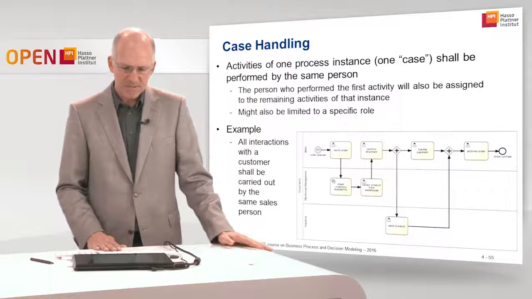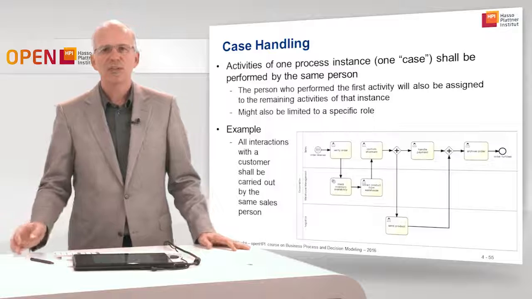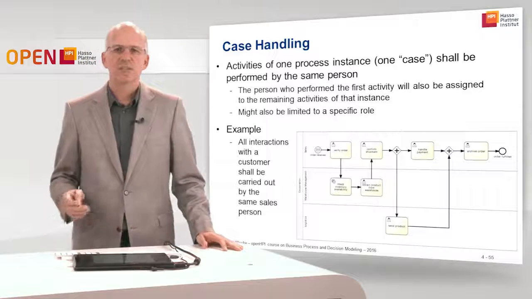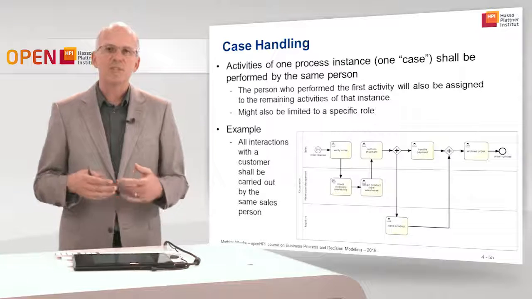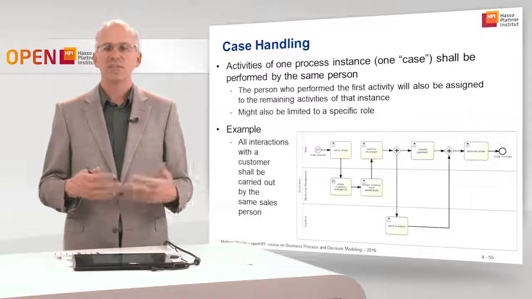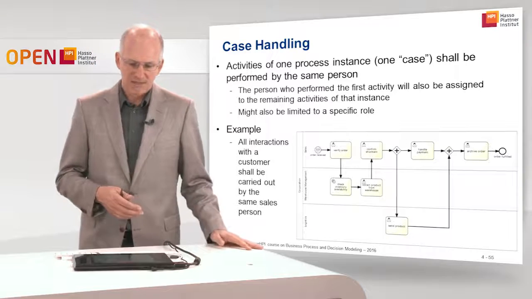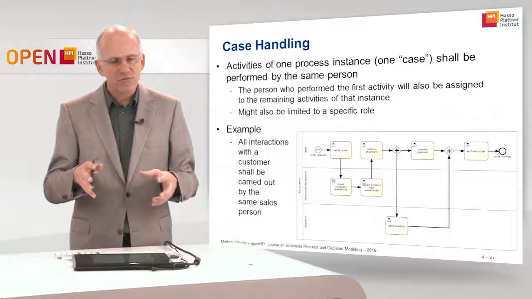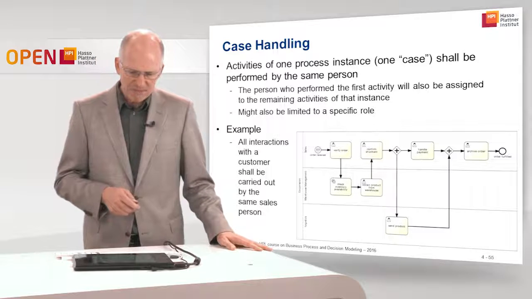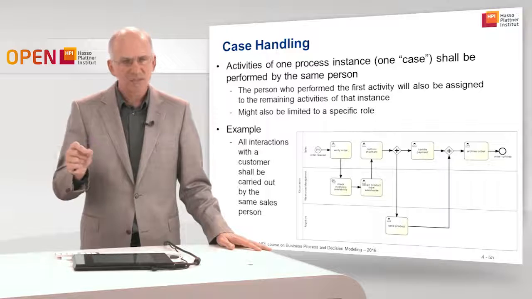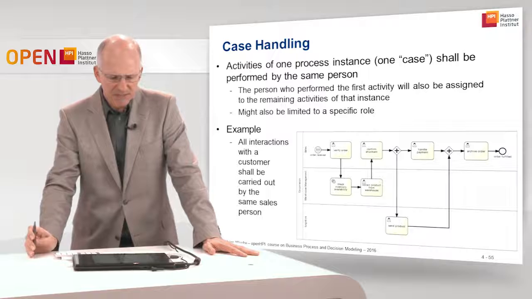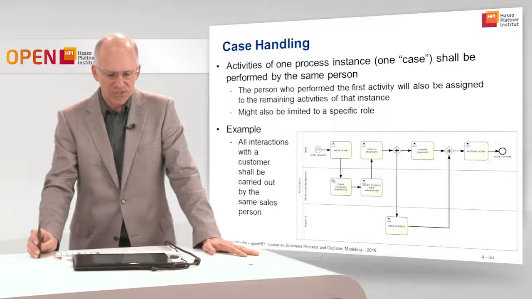Case handling. There's quite some discussion about case handling. That's an approach to process management that looks at flexibility, that puts the case or the process instance as a first-level citizen, and everything is arranged around a specific case. There are certain aspects that are quite interesting for case handling, and one of them is in the context of resource allocation that we discuss here.